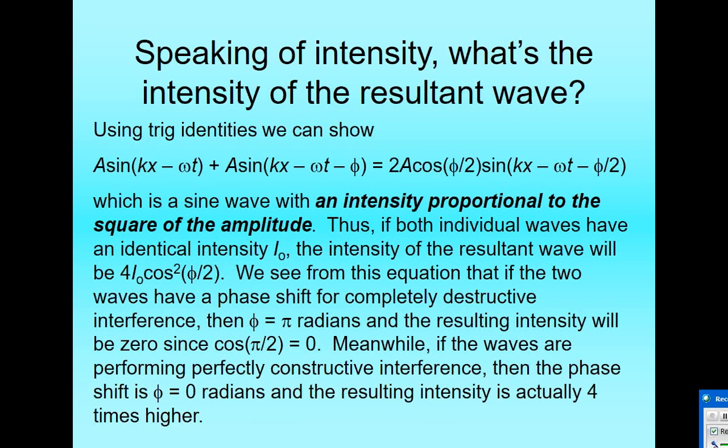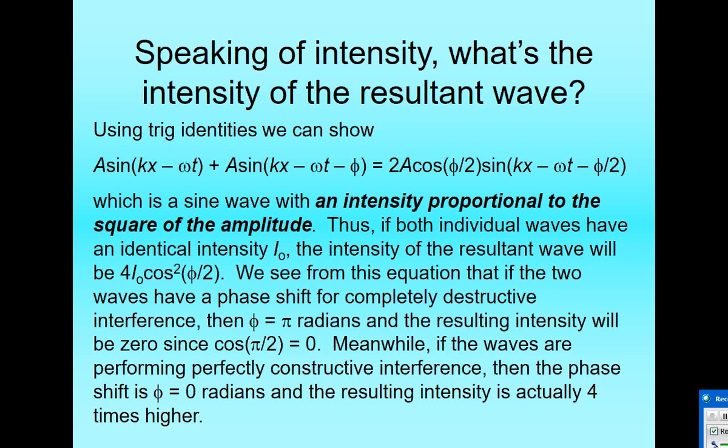Now suppose I have two separate waves that have the same wavelength, the same frequency, and the same amplitude by the time they reach my ears, or to a good approximation, the same amplitude. The net effect that you experience is the sum of the waves.